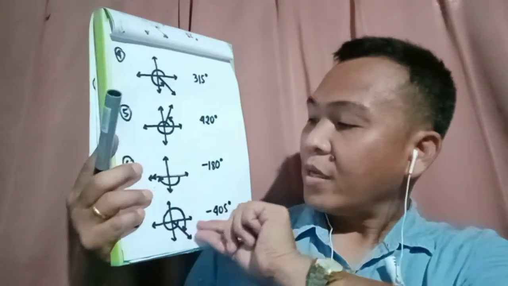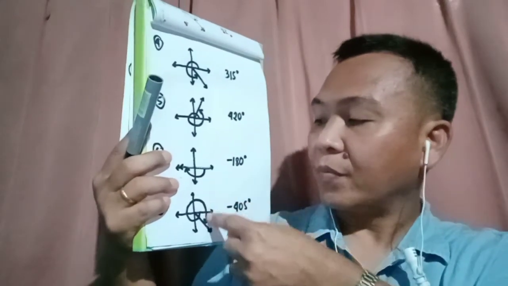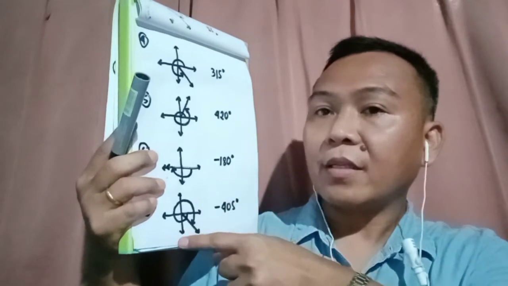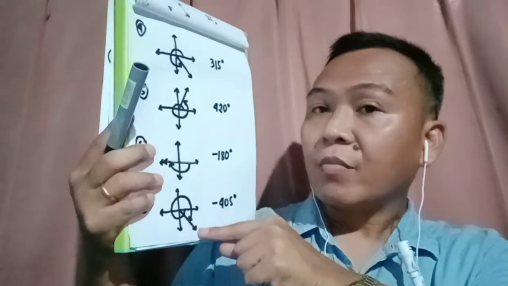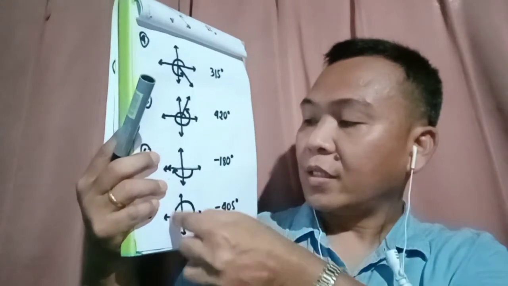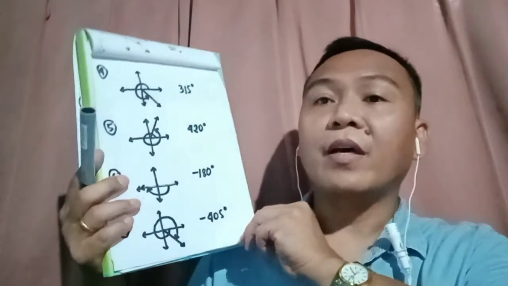That is 45 degrees. So we extend our terminal side rotation further to in between the positive x and negative y axis, because we know this is 90 degrees, and half of this is 45 degrees. So this is 360 plus 45, and therefore we have 405 degrees.